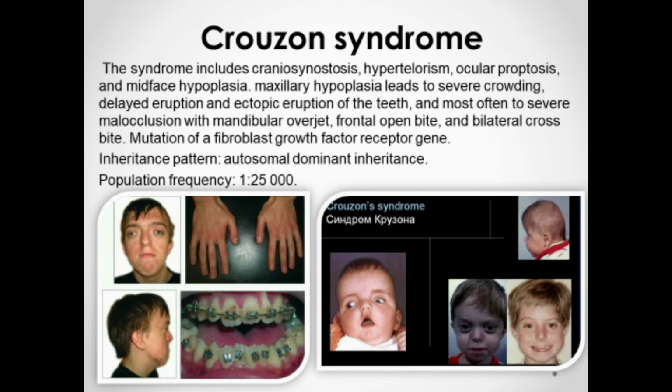Activation of FGFR2 signaling in Crouzon syndrome probably results in premature osteoblast differentiation and fusion of craniofacial sutures and synchondroses. The syndrome includes craniosynostosis, hypertelorism, ocular proptosis, and midface hypoplasia.